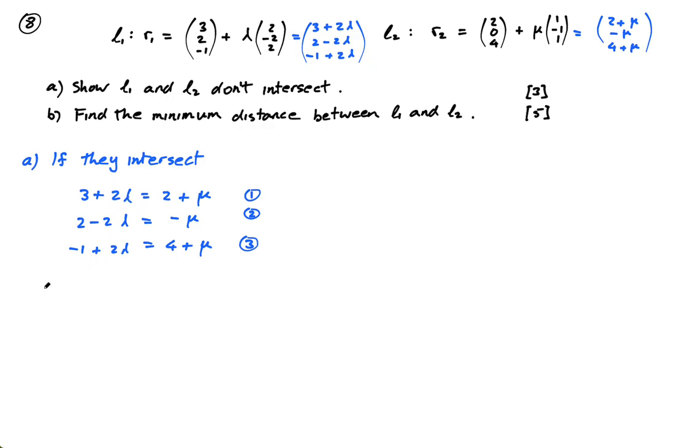So the first two, solve 1 and 2 together. I'll try to solve for 1 and 2, and you'll see straight away that this won't work. So 3 plus 2 lambda equals 2 plus mu, and then 2 minus 2 lambda equals minus mu.